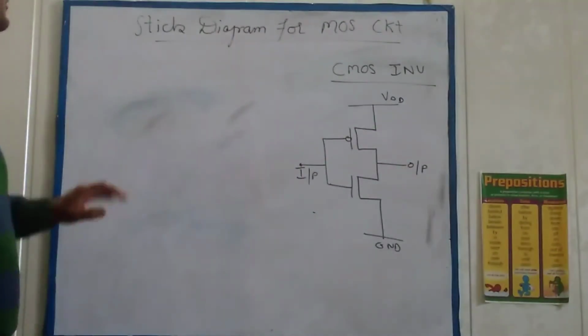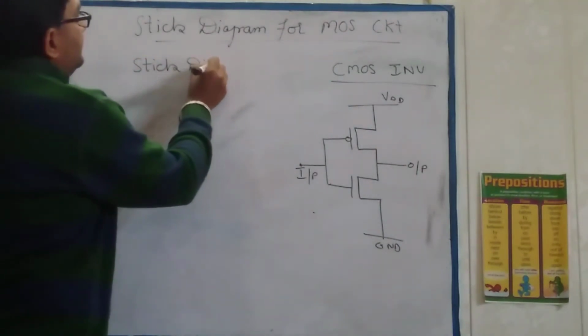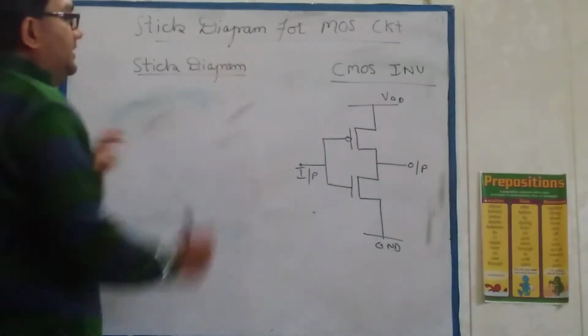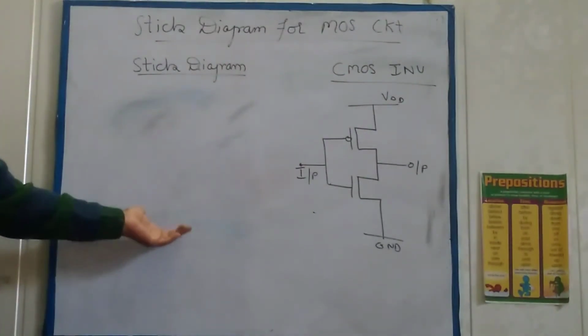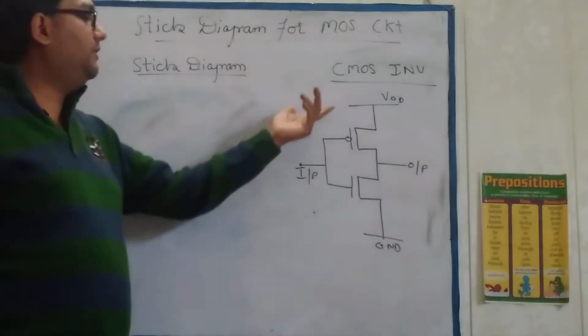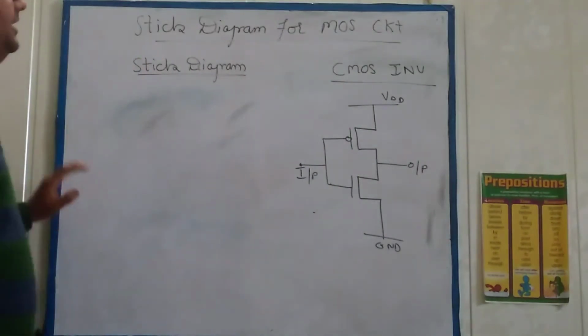So this is the CMOS inverter. Now let us draw the stick diagram for this. For a stick diagram, we require the circuit, and from that circuit you draw the stick diagram. We know the rules for drawing the stick diagram, so we will see the rules one by one and draw.